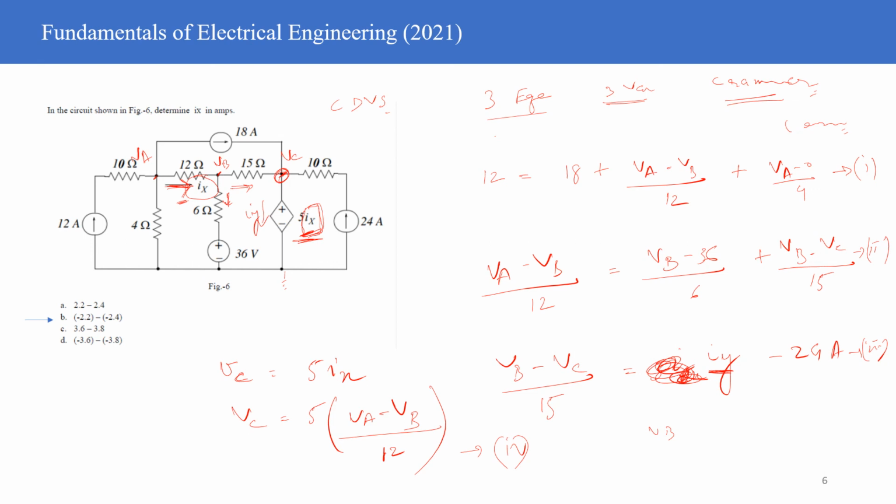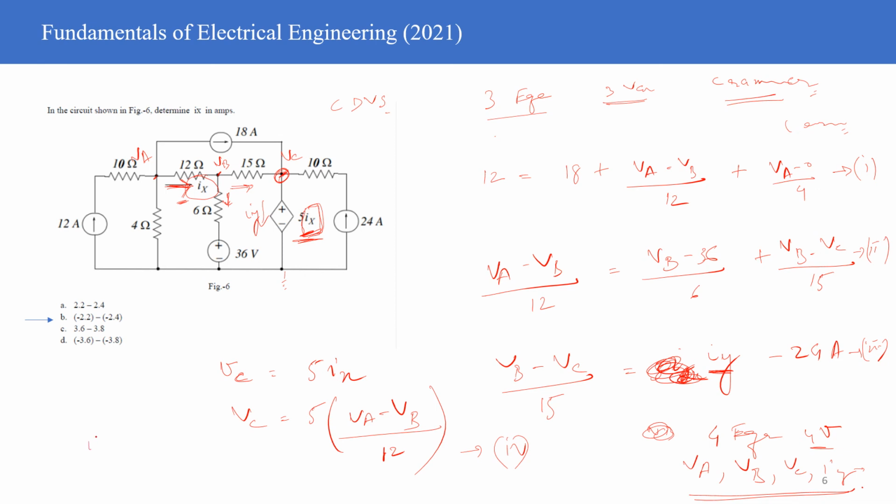Did you understand everything here? Once you have the solution of these 4 equations, you get the value of VA, VB, VC, IY. Once you have these, you can get the value of Ix.